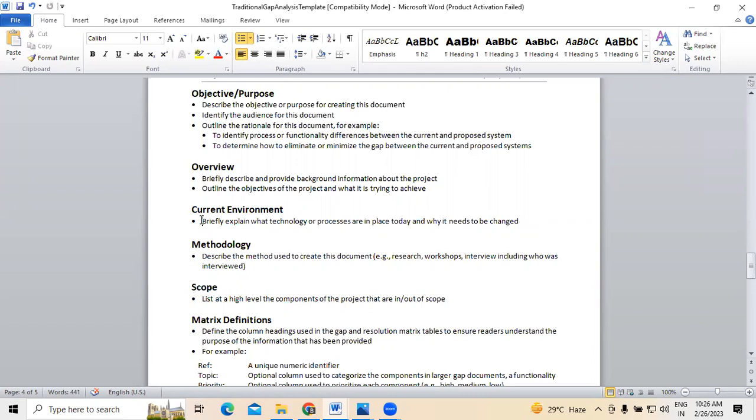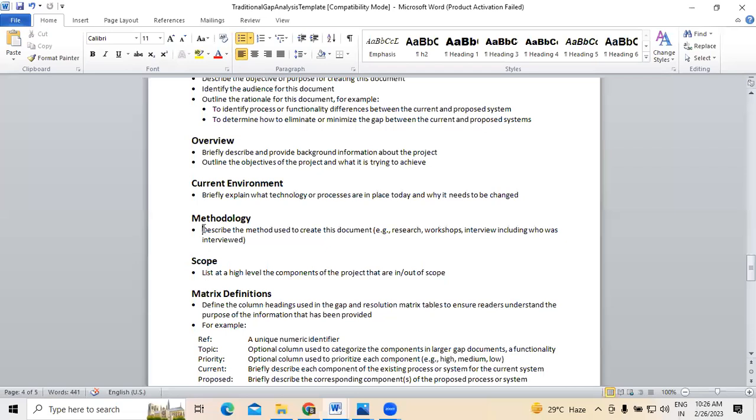Next, after the current environment, you need to describe the methodology. Methodology means the method used to create this document. In what way are you doing it? Are you preparing on your own? Are you doing some research? Are you going to conduct any workshops? That is what we did in the last session, if you remember.